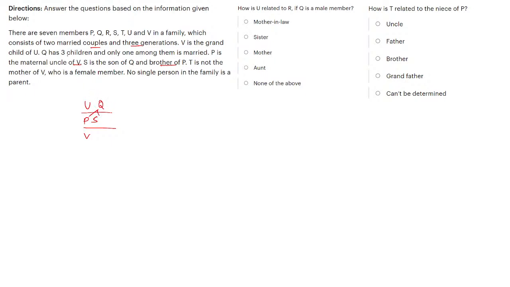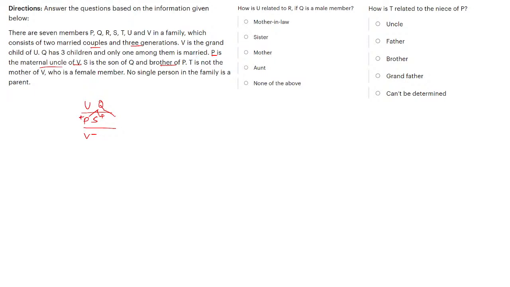Q has 3 children. T is not the mother of V, who is a female member. So this is female, and P is a maternal uncle of V. That means this is male, and brother of P, this is also male.